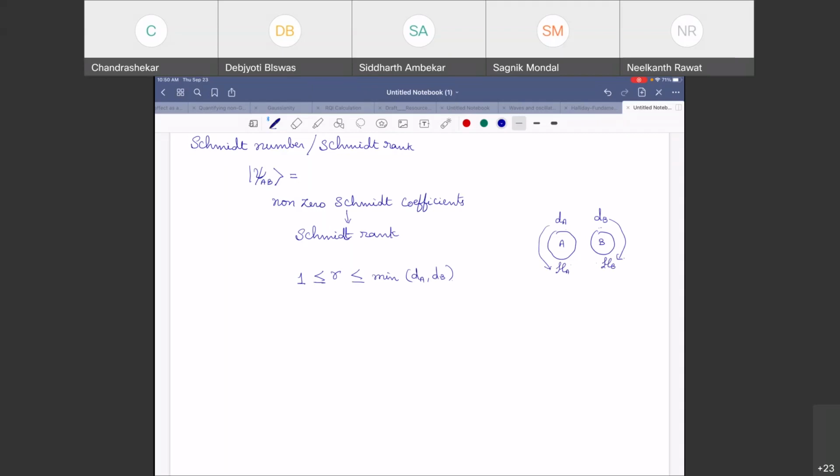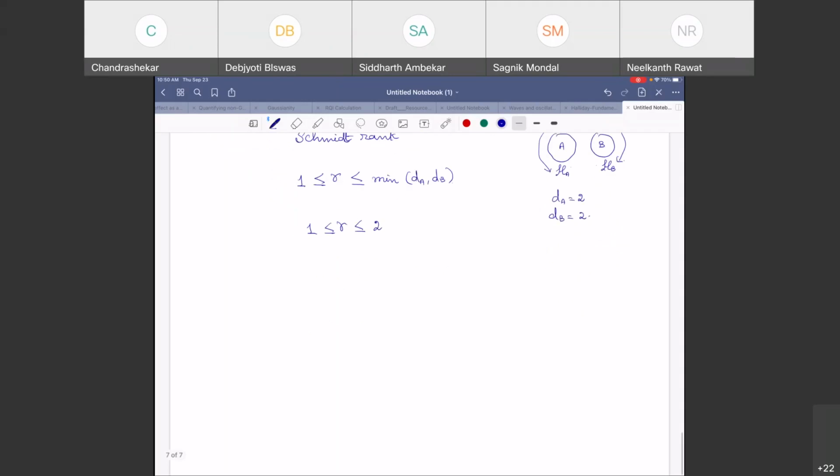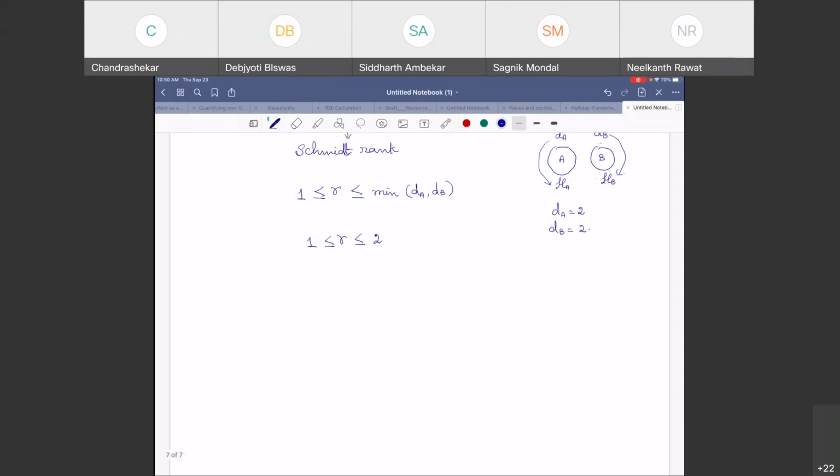For example, if you have a 2-qubit system, dA is equal to 2 and dB is equal to 2, so R will run from 1 to 2. If you had dA equal to 2 and dB equal to 3, this will again run from 1 to 2.